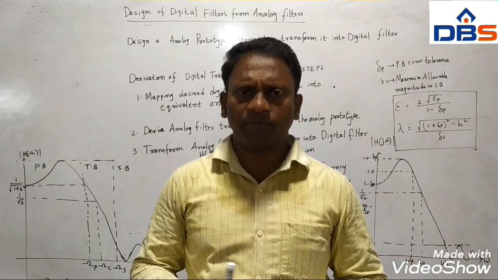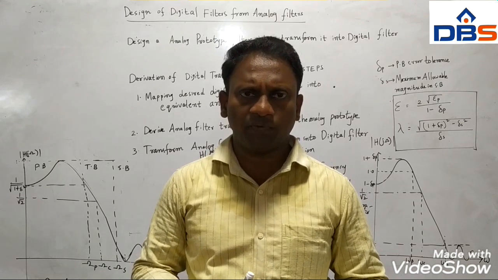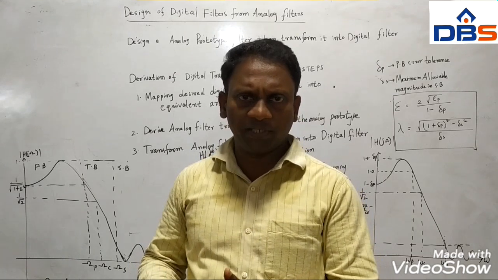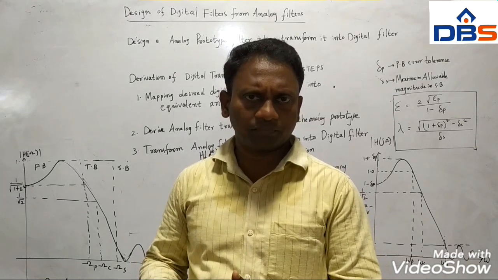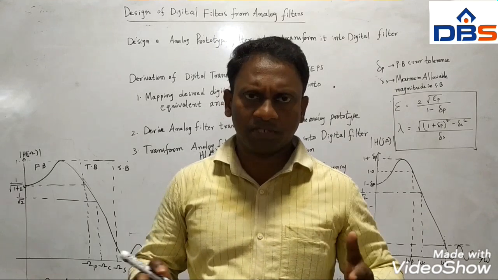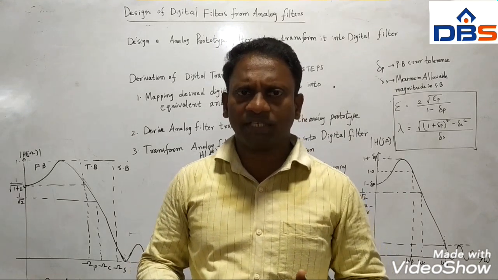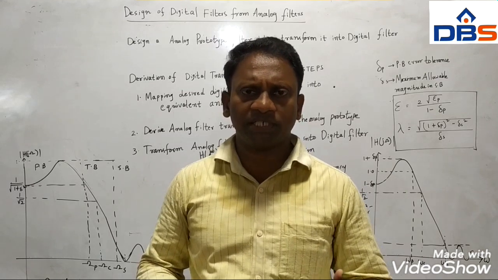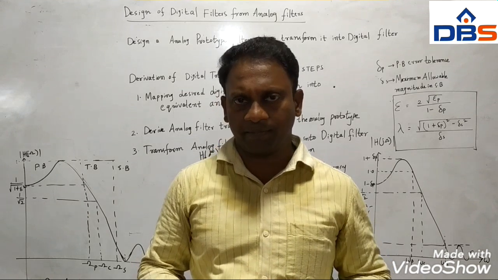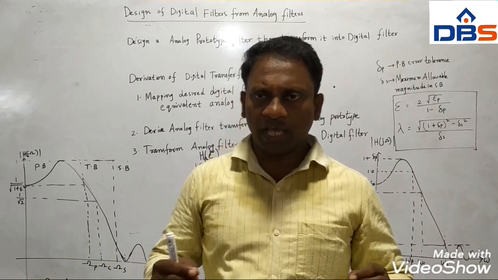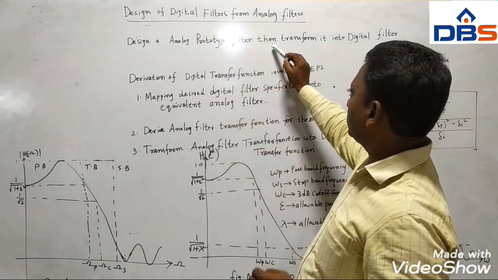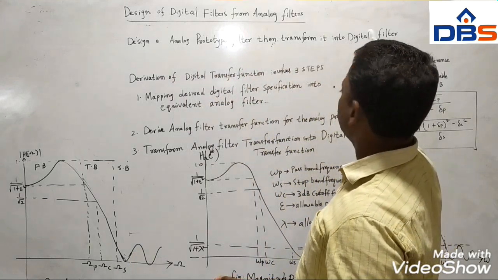There are different types of filters, like Butterworth filters and Chebyshev filters. First we design the filter in the analog representation, and after that, using some transform techniques, we will see what transform techniques are available to transform an analog filter into a digital filter. So the idea is to design an analog prototype filter, then transform it into a digital filter.